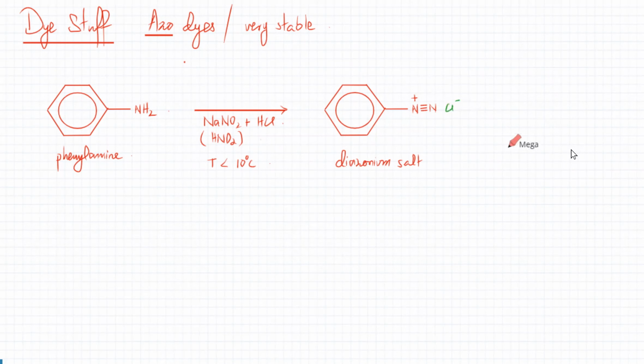So this diazonium ion, C6H5N2+, is extremely unstable.